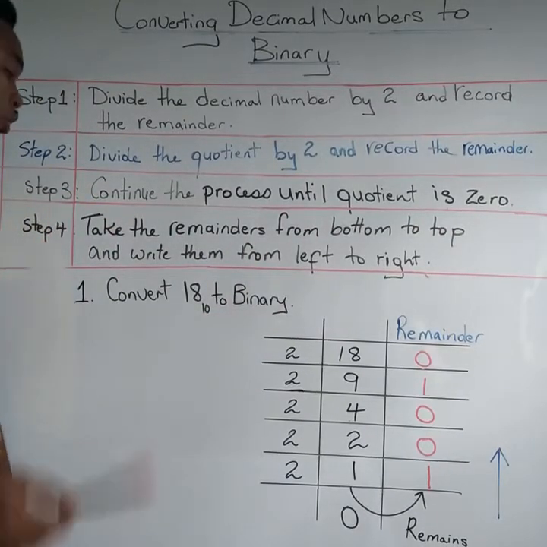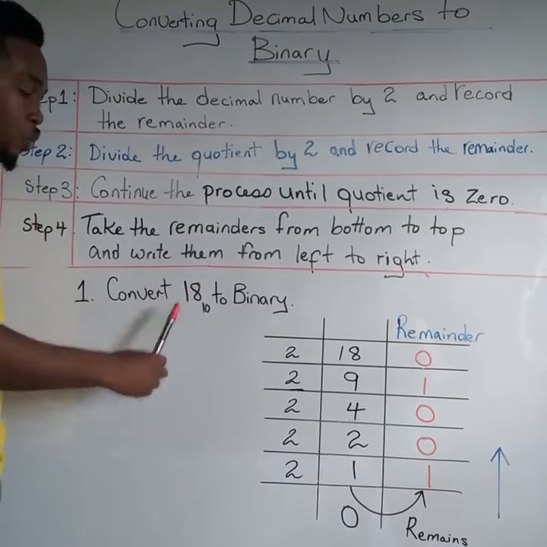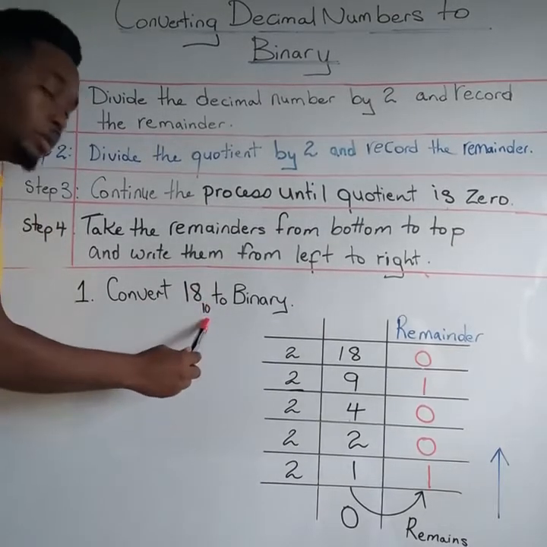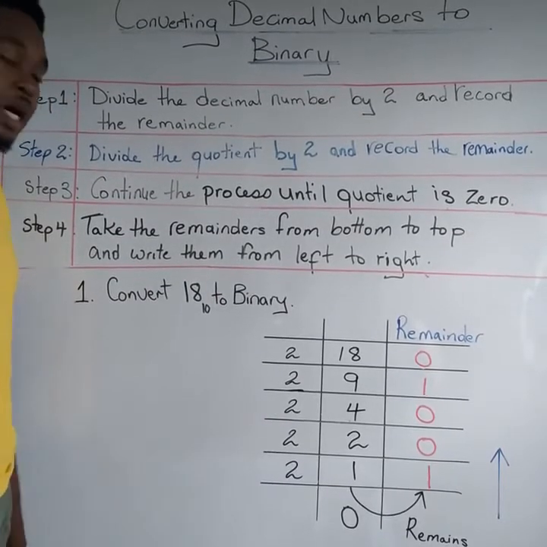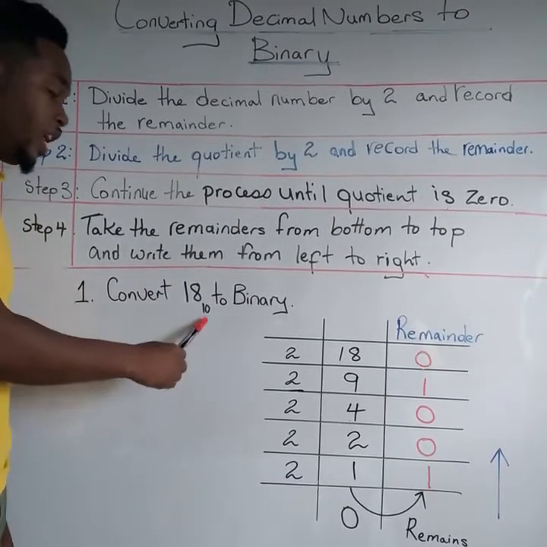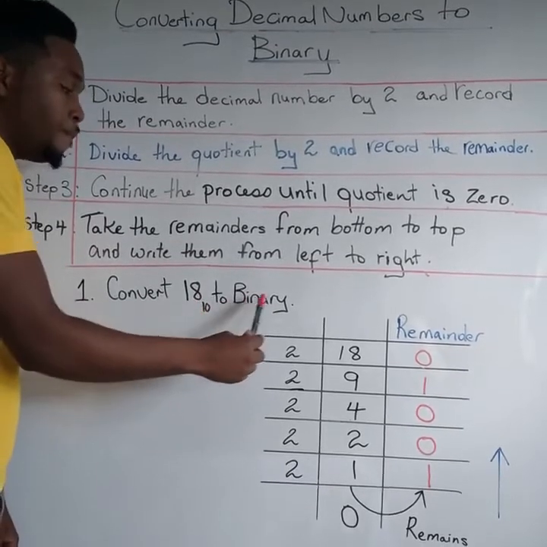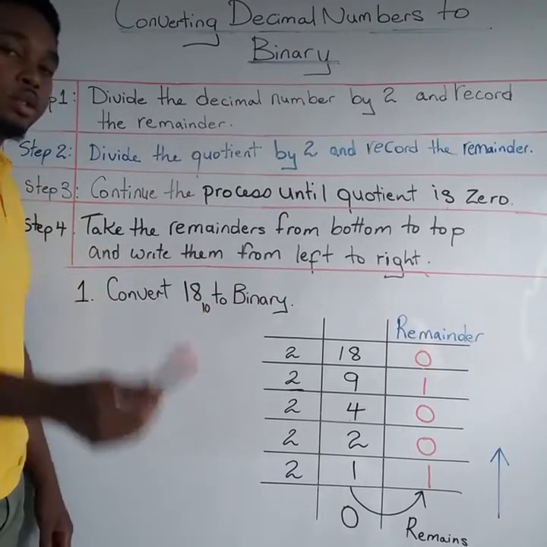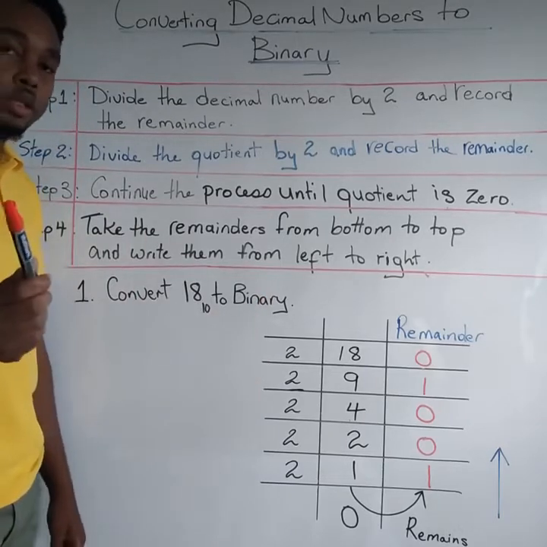So let us first look at how we are going to convert 18, which is in base 10. Base 10 represents our decimal system, which has 10 digits. We are going to convert that to binary, which has 2 digits, zeros and ones.